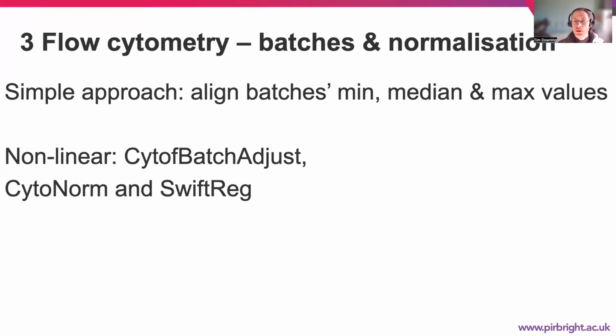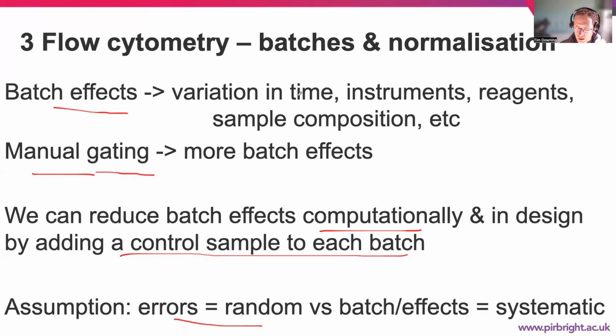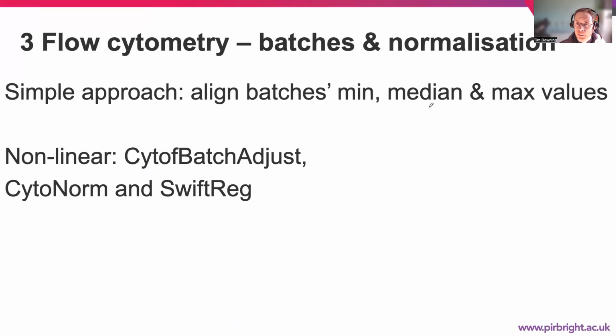One simplistic approach is to align the different batches based on their minimum, median, and maximum values. But there are nonlinear approaches as well that are probably superior. They are called CytoBatchAdjust, CytoNorm, and SwiftReg.